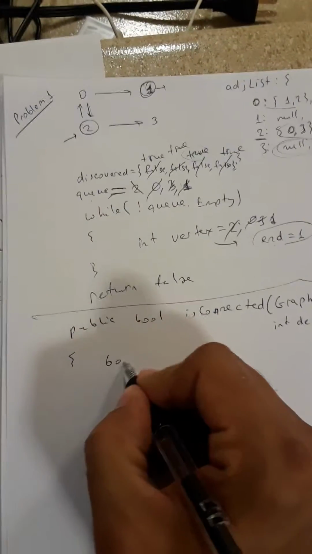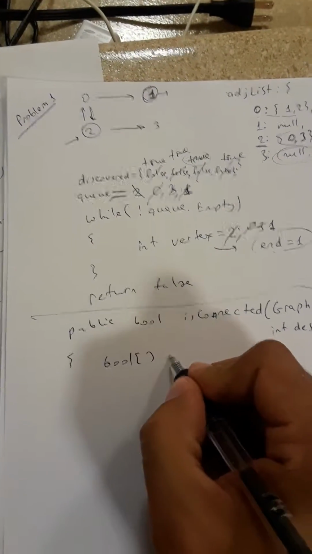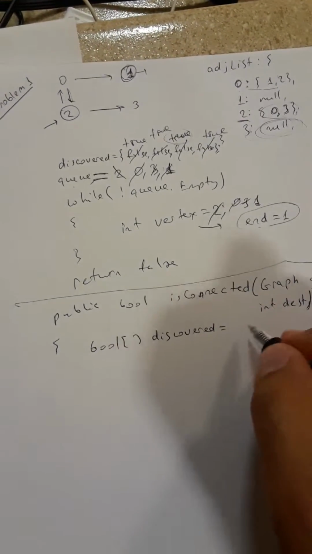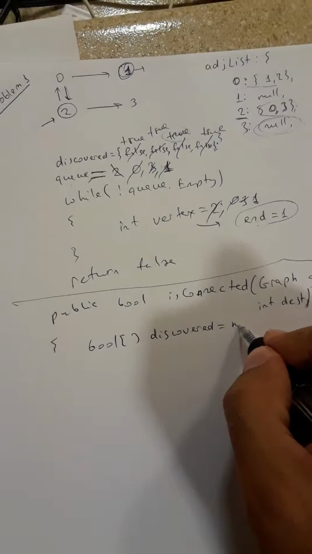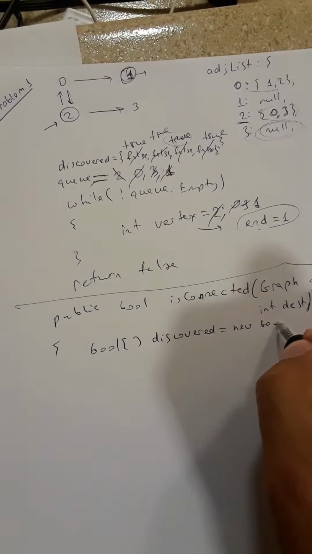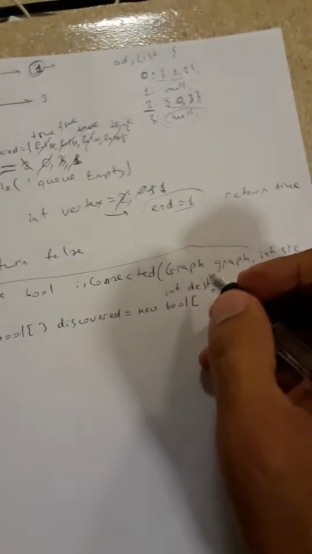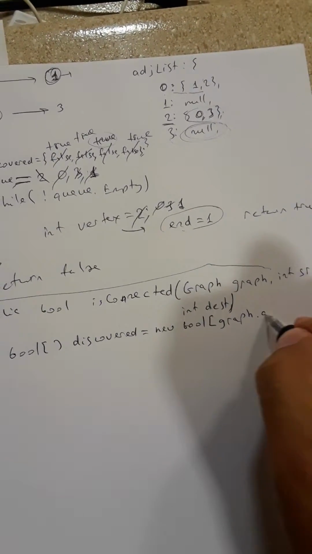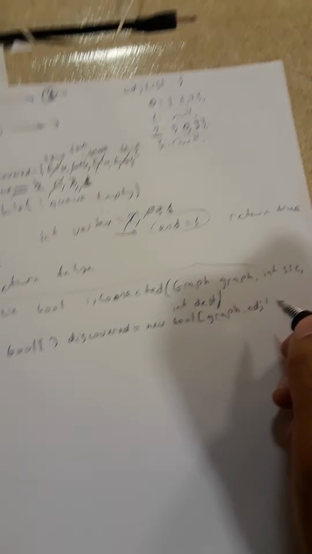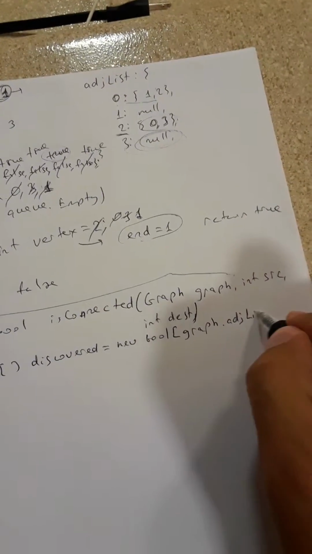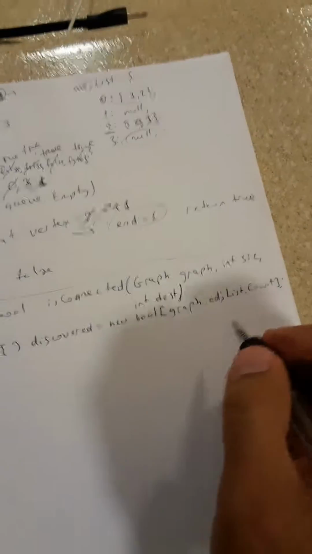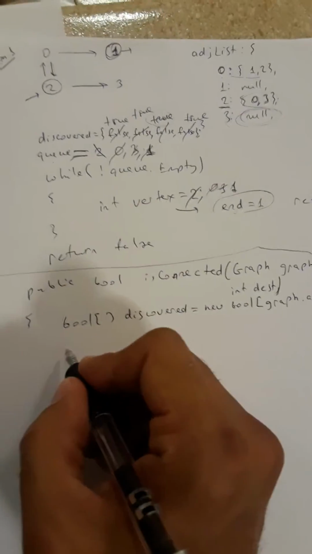So here at the beginning we will just declare an array. The size of the array will be the graph adjacency list size. Then we will declare a queue.